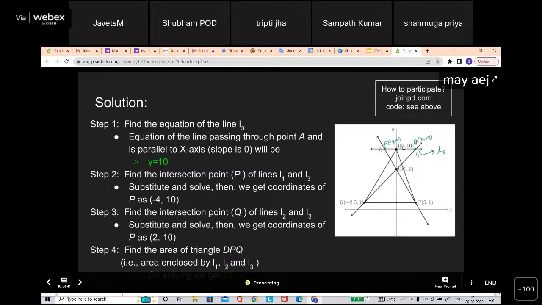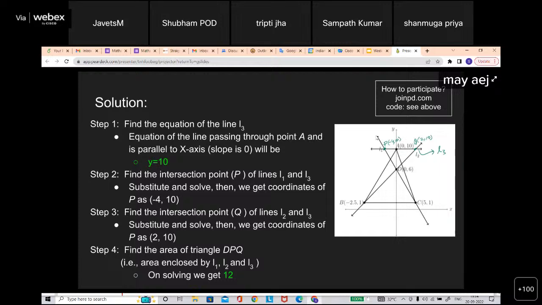Now, how will you find the intersection point of these two lines? You have to solve the equations. Since y = 10, when you substitute in the equation of this line, you will get the value of x, which is going to be -4. Is it clear, Tripti? No, sir, not understanding.